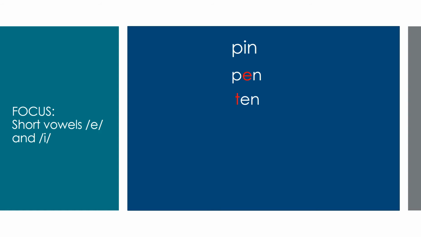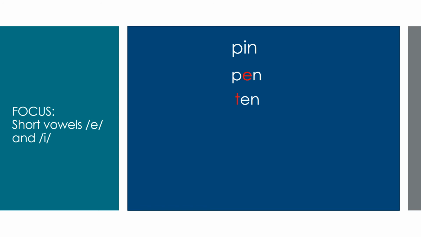Now look at my ten and check your work. Now make ten, tin. What sound changed? Let's tap and find out. T, i, n. The middle sound changed from an E in ten to an I in tin.